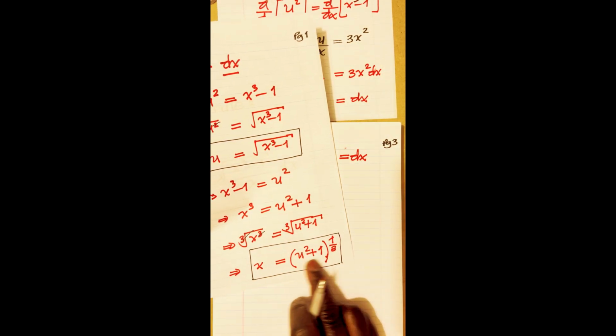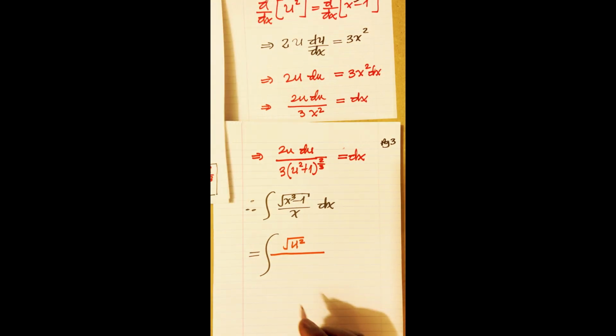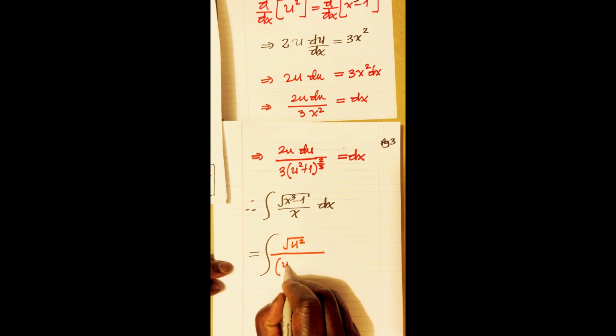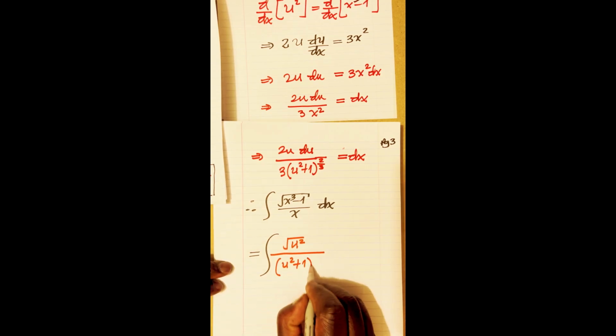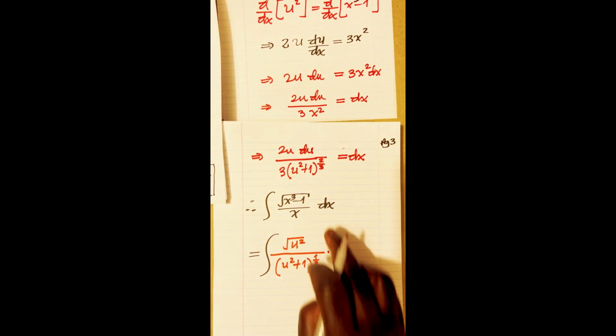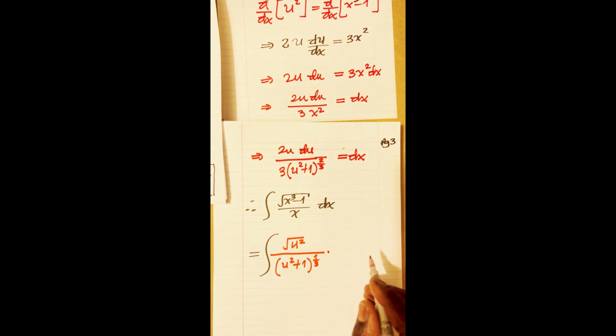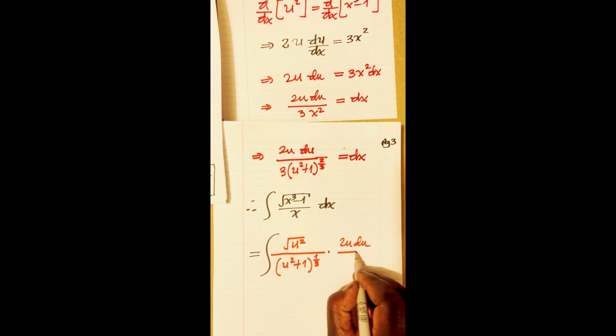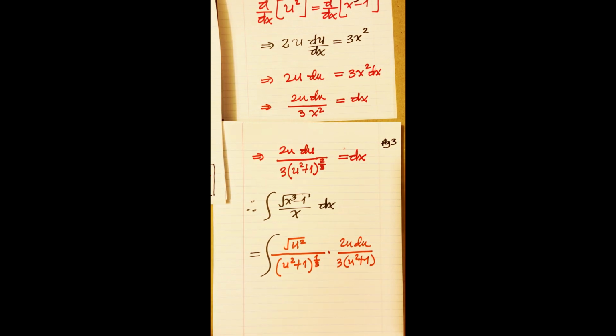It is u squared plus 1 all to the power 1 over 3. And then multiply by dx. What is dx? Here is the expression. So it's 2u du all over 3 open brackets u squared plus 1 all to the power 2/3.